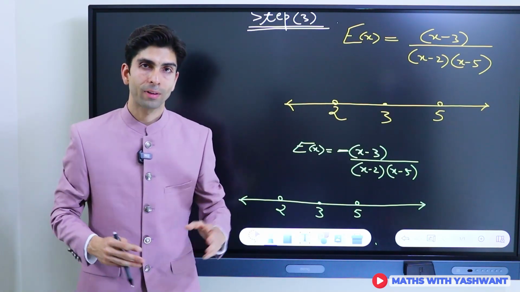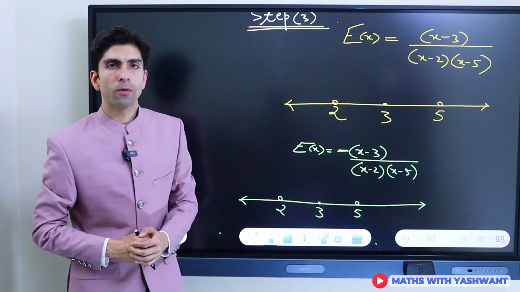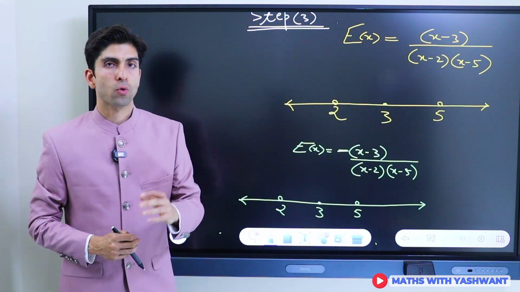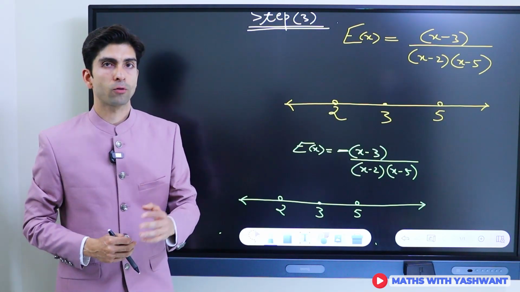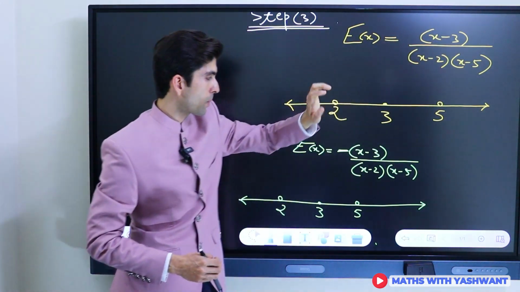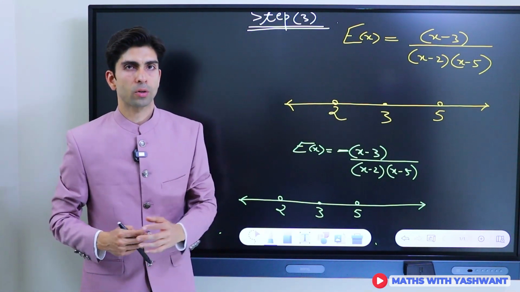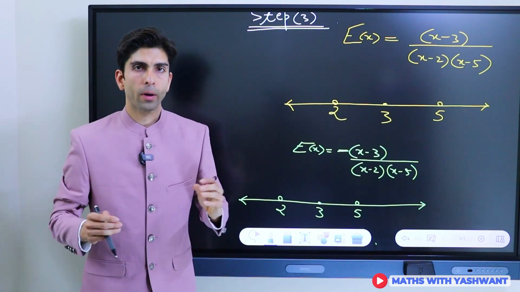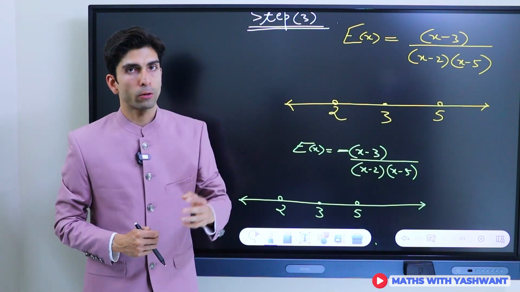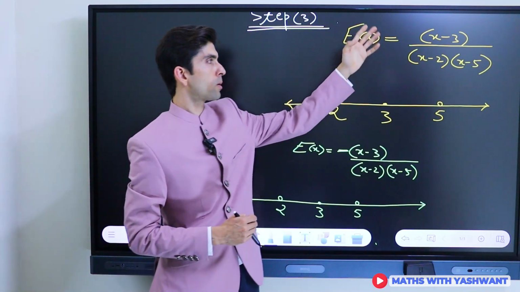Now this will become more clear when we take some illustrations, but let me just finish all the steps once for you. So moving forward to step 3, we'll start drawing the curve, but there are 2 scenarios that we have to be careful of. Our expression can be either of this form or of this form. First of all, whenever you come across an expression for which you want to draw a wavy curve, you have to make sure that your expression contains only linear factors, and that they are expressed in product form in the numerator or denominator or both.